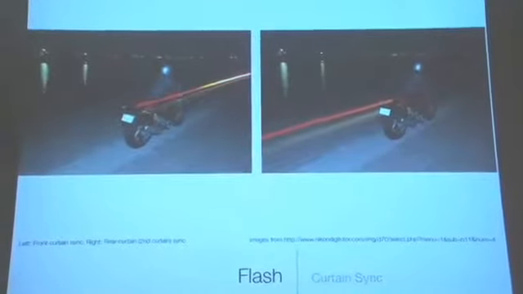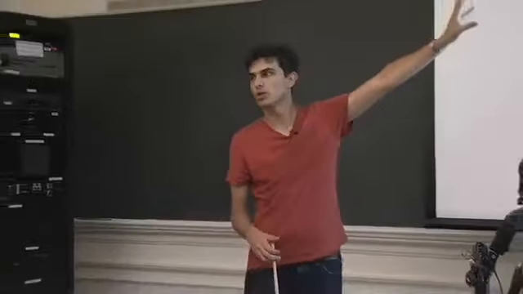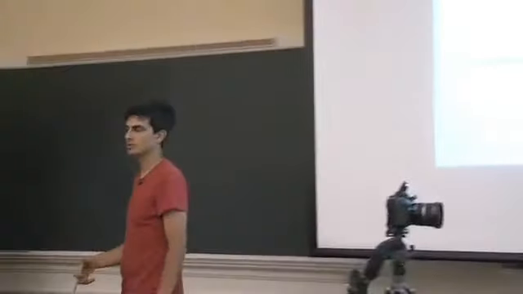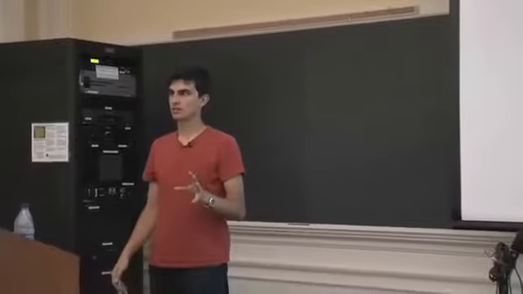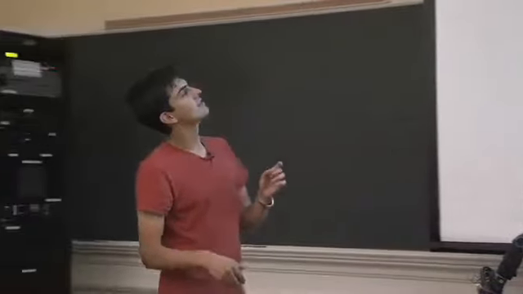Now that's just this particular example. It is possible, if you have even lighting, to get the same sort of effect with the object as a whole, but in this case it was exaggerated using this extra bright light, the brake light on this motorcycle, to exaggerate this particular effect of curtain sync.